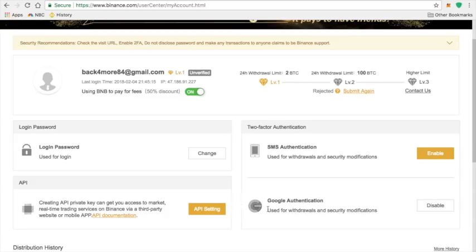I have heard many stories about SMS authentication, because you've got to realize Binance is not America. Binance is probably not even your country, but they allow you to use it, and you're depending on the cell phone service of the country that Binance is in, and of the country that you're in, to get it to your phone. And what if your phone's broken?